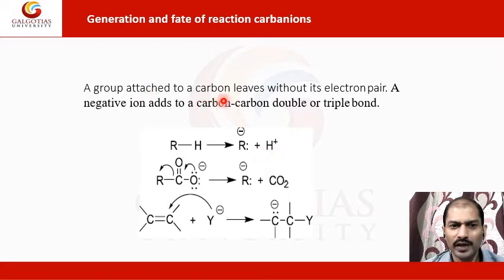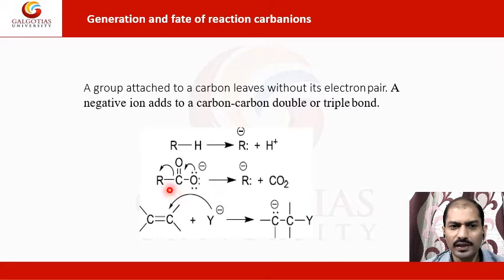So a group attached to the carbon leaves without its electron pair, because here hydrogen is removed, leaving its electron to this carbon. So then these can be formed. So a negative ion adds to a carbon-carbon double or triple bond.